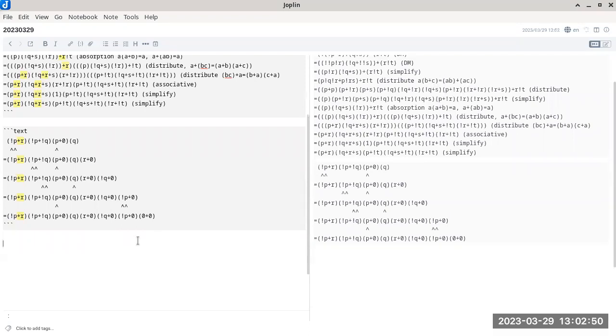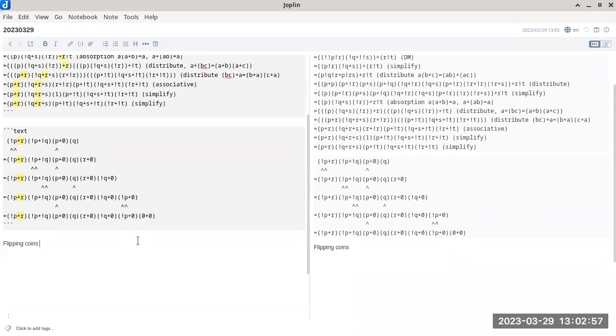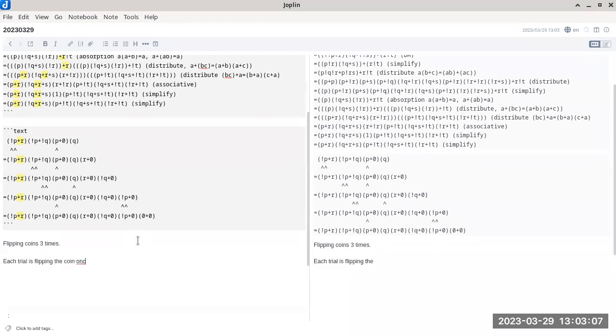So we'll go ahead and take a look at flipping coins. We'll flip the coin, let's see, 3 times. So each trial is flipping the coin once.